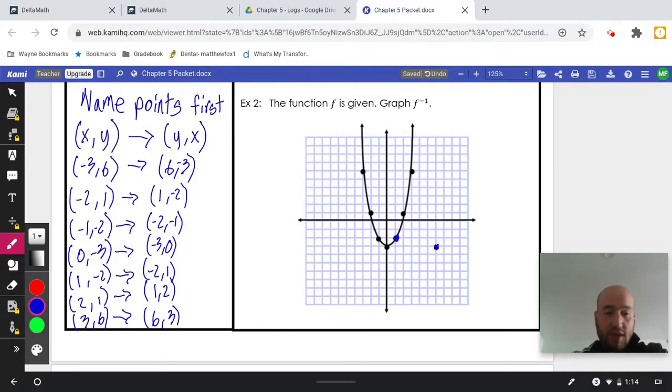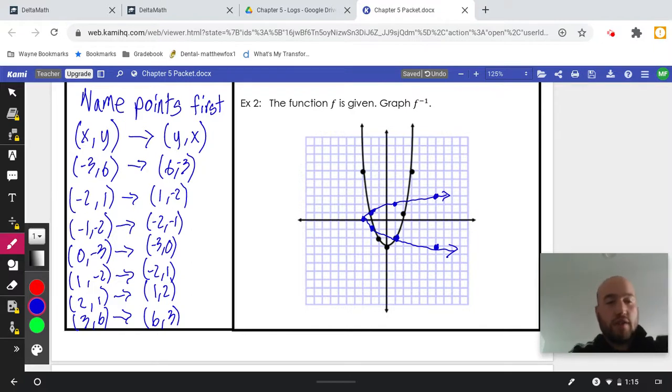That's fine, sometimes that happens. (-2, -1) and then (0, -3). We go the other way: (-2, 1), (1, 2), and then (6, 3). We draw in our shape, and the one in blue is our inverse.